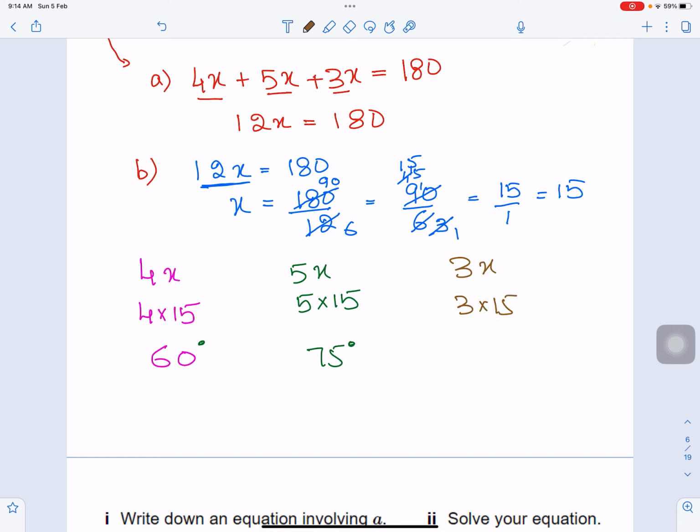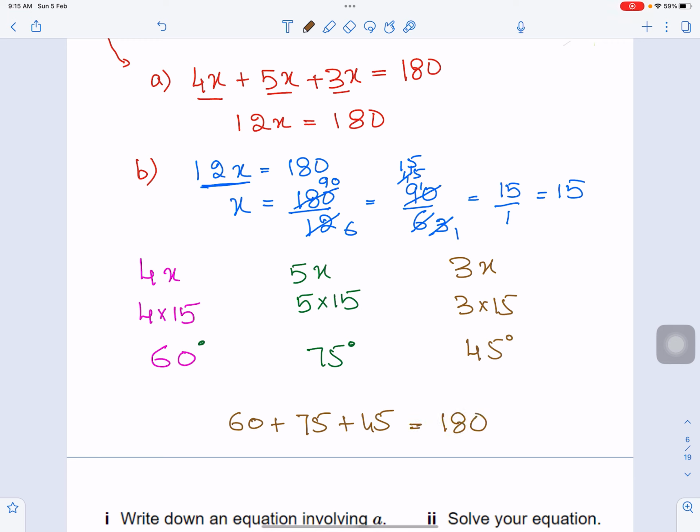So it will be 45. Now to ensure that your answers are right, you can add up these answers. It's not a requirement, but you can check for yourself whether you have calculated it correctly. The answer should be equal to 180. So if you add up, it is equal to 180. It means your answers are correct.